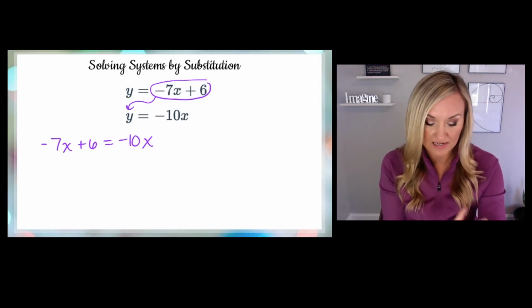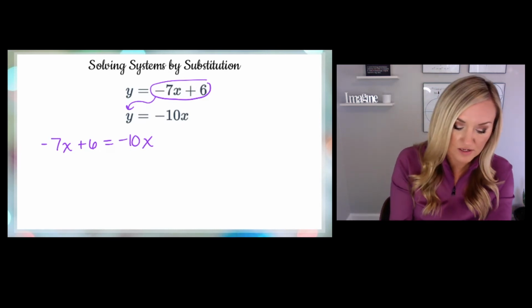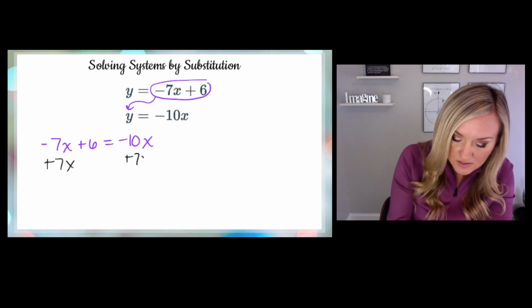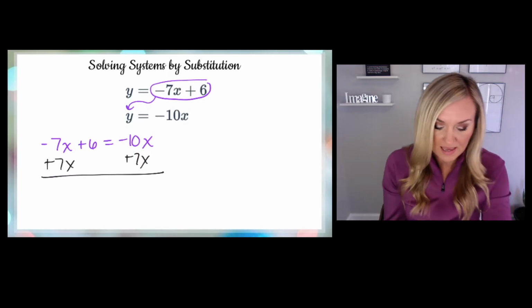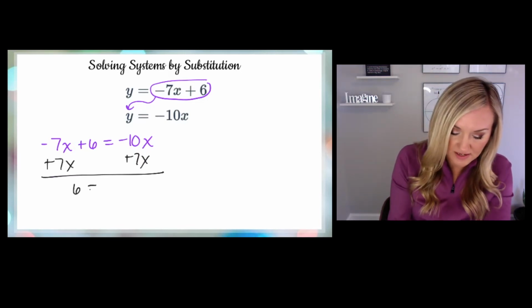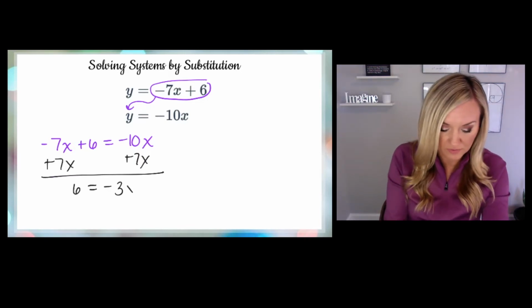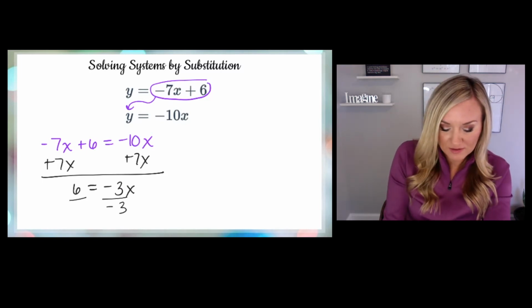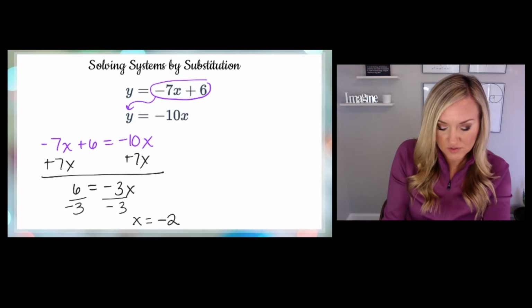So now I need to get all my x's on the same side of the equation. So I'm going to add 7x to the other side. And when I do that, I'm left with 6 equals negative 3x. Keep solving for x. We're going to divide by negative 3, and that means that x is negative 2.